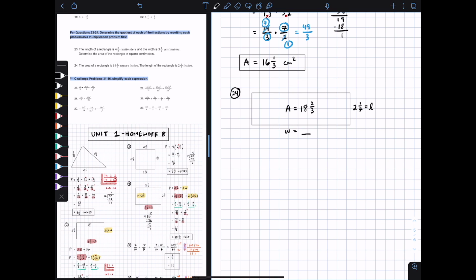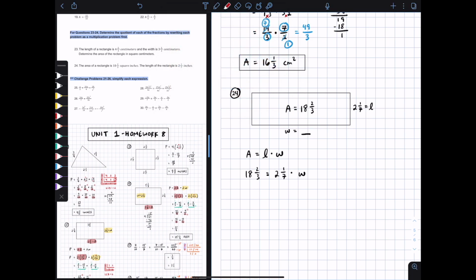So we know the formula for area of a rectangle. Area is going to be length times width, right? So we can say the area is going to be 18 2/3, and they tell us the length is 2 1/7, and that has to multiply by something. I'll put the width here, and let me just use some colors to kind of organize everything.